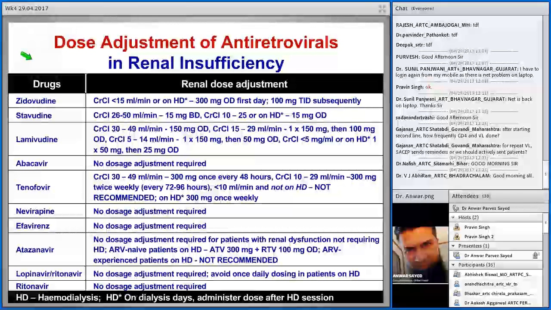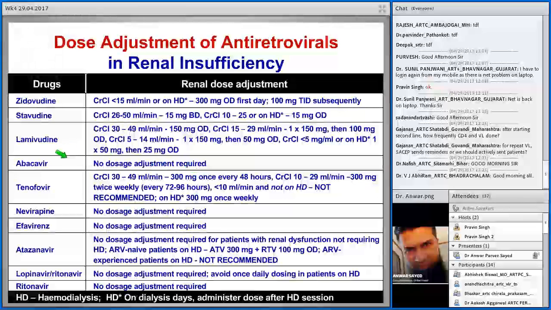So in terms of renal toxicity, if a patient on tenofovir develops nephrotoxicity, then ideally we should not be using tenofovir anymore. But in situations where that option is not available, then we have to use tenofovir in lower doses. So this table will help you in deciding at what level of creatinine clearance what dose should be used.